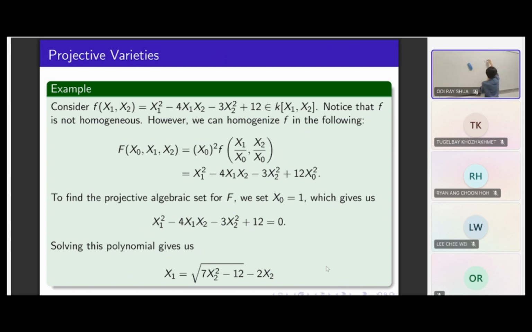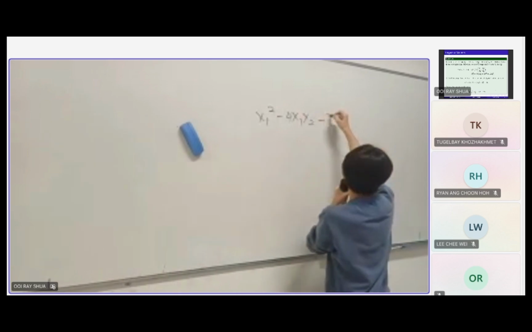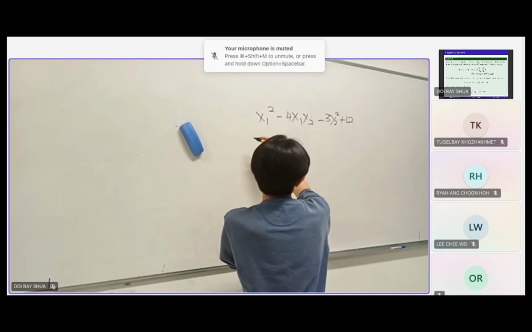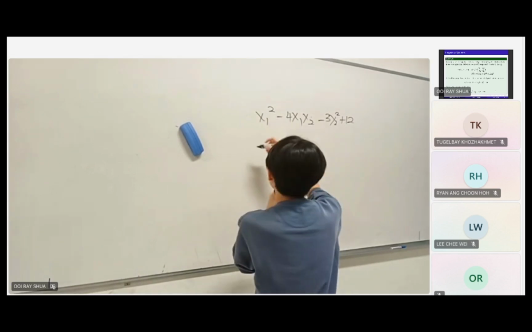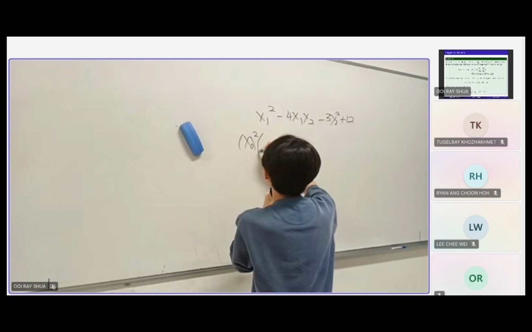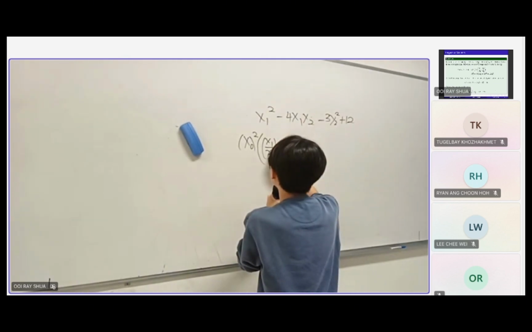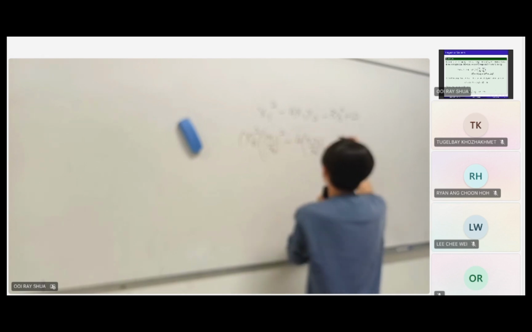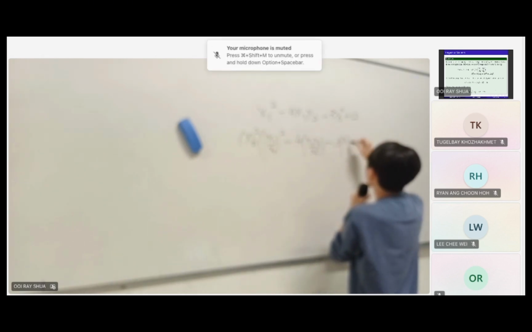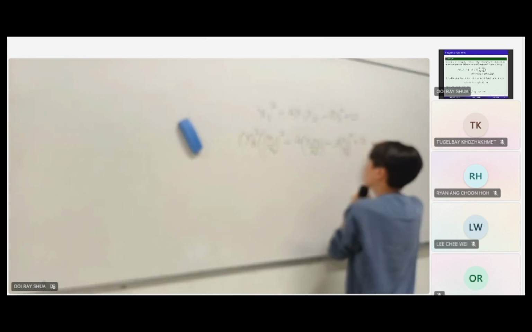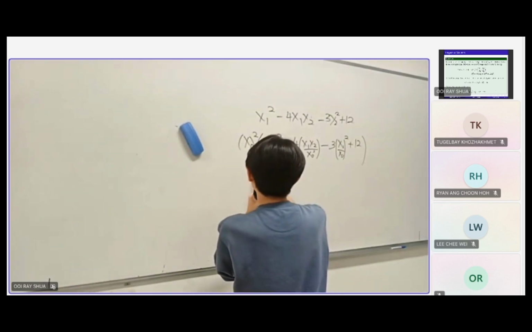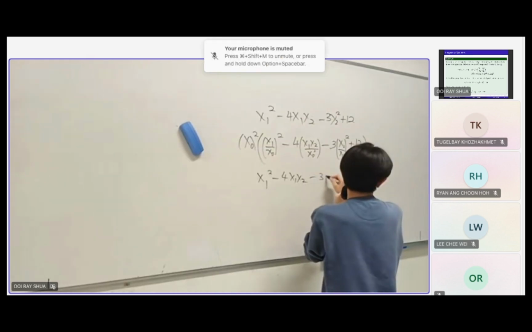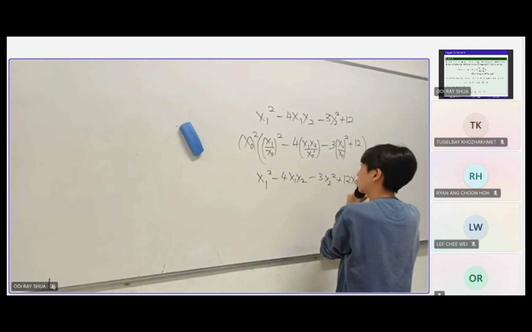If we have x1 squared minus 4 x1 x2 minus 3 x2 squared plus 5, and we homogenize it, you get the same thing with 5 times x0 squared.